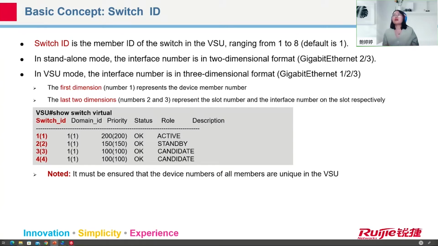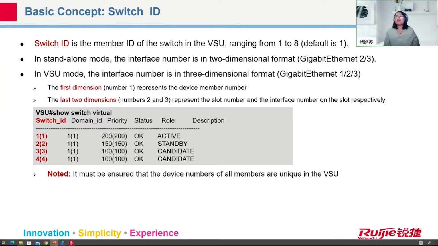That's why when we enter an interface like GigabitEthernet 2/3, we ignore the switch ID, because everyone's switch ID is the same. The 2 is the slot number and the 3 is the port number. In VSU mode, we have a three-part format because we have to add the switch ID.